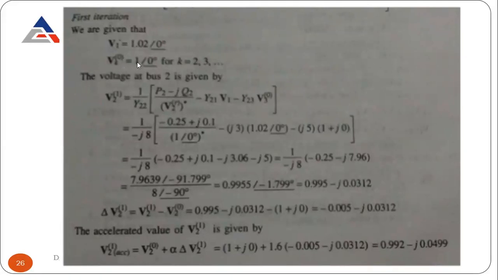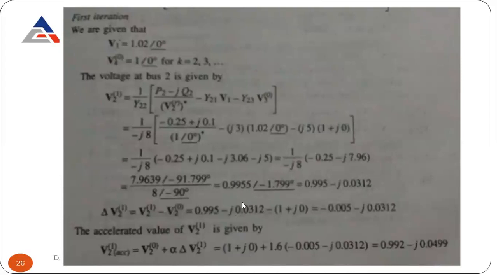So we assumed 1 angle 0 degree for k = 2, 3, and so on. Okay, now firstly calculate for bus number 2. So V2^(1) is 1 upon Y22, (P2 - jQ2) over V2 initial that we have assumed as 1, minus Y21 V1. V1 is fixed, no change, minus Y23 V3 initial. Just put down the values, get the result, and convert it into the complex form and also into polar form.